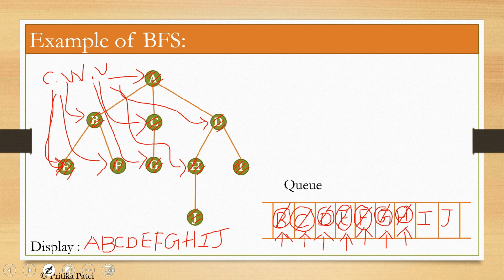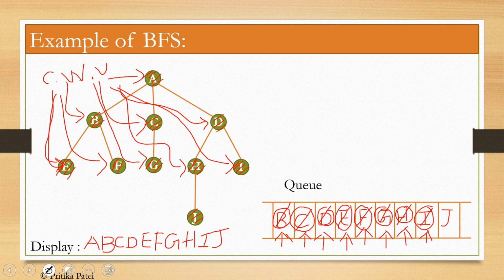Now again check whether H has any adjacent unvisited vertex. No, there is none. So again update the pointer to the first element of Q, that is I. I becomes the currently working vertex and is removed from Q. Then check whether I has any adjacent unvisited vertex.